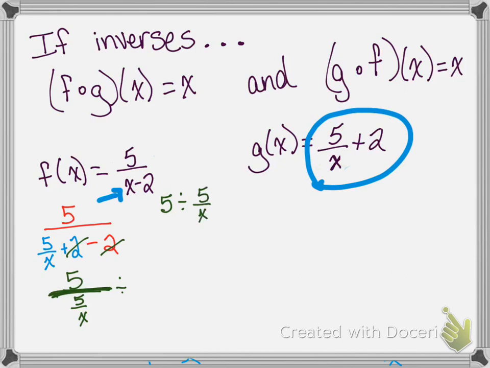Do I know how to do 5 divided by 5 over x? I change my division to multiplication and then flip. So I do 5 times x over 5. So I am left with x.